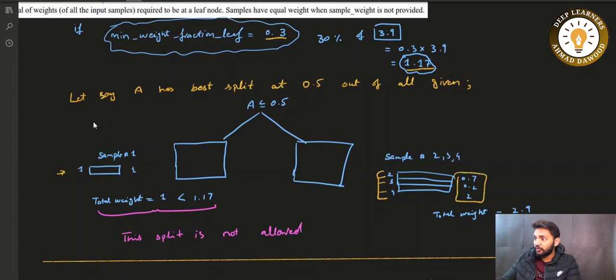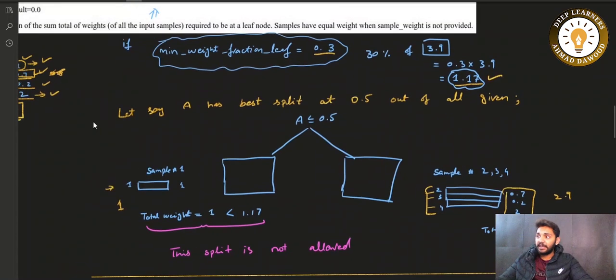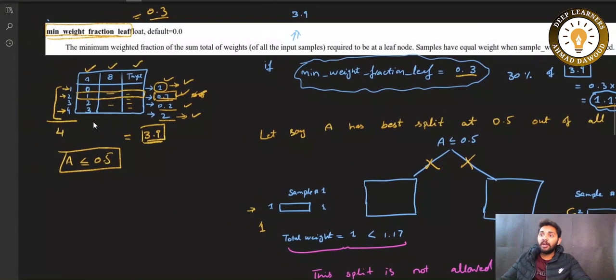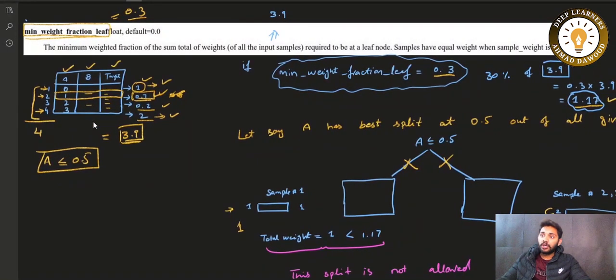On the right side the sum of the weights is 2.9, but on the left side the total weight is just 1, which is less than the 1.17 that should be at each leaf node. So this split will not be allowed, because your min_weight_fraction_leaf says that a minimum weighted fraction of 30% of your total weight should be at each leaf node.